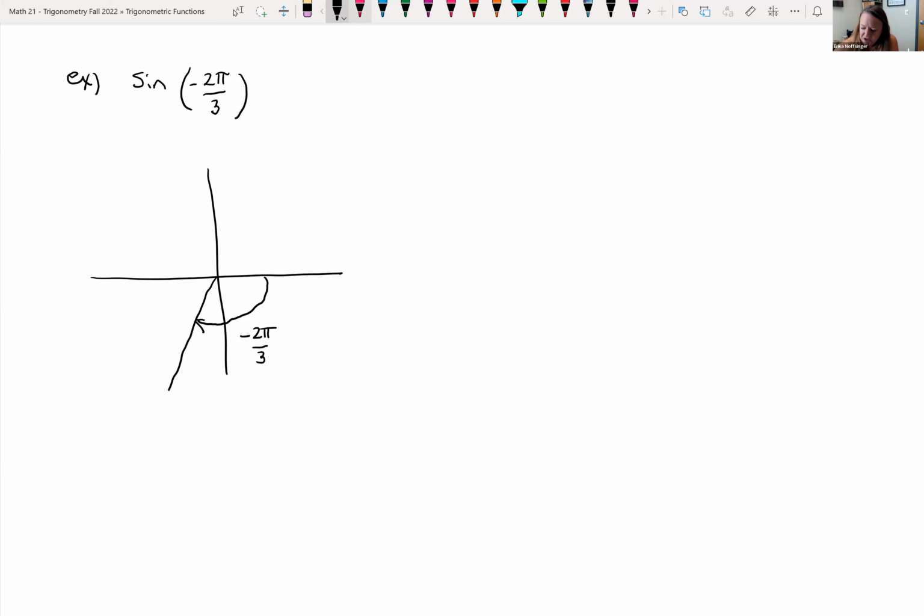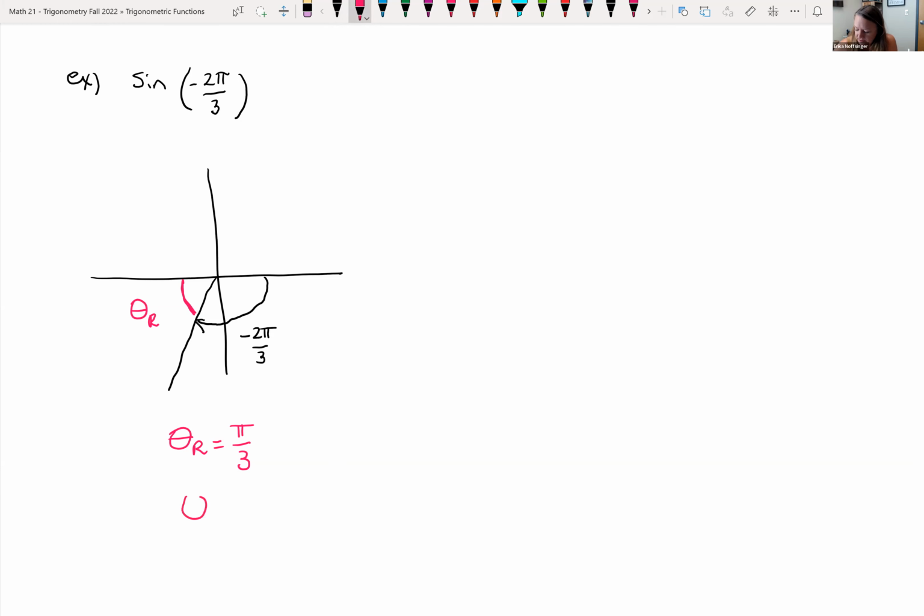So our reference angle again is forming with the negative x-axis. So pi minus 2 pi thirds gives me pi thirds. And so my angle here is equal to pi thirds. So this is equal to, and we have to determine is sine positive or negative in quadrant 3.